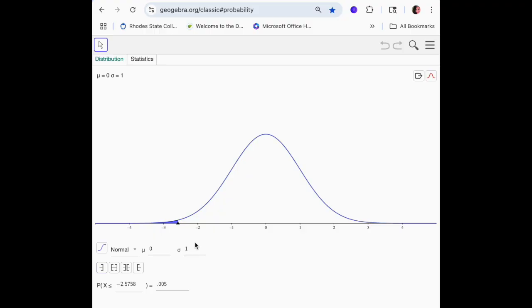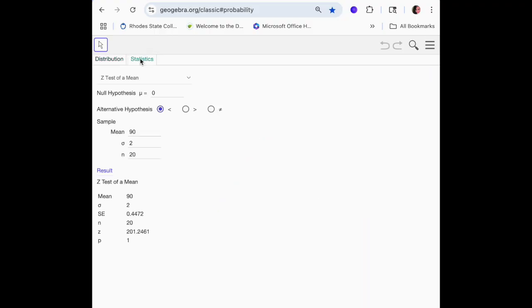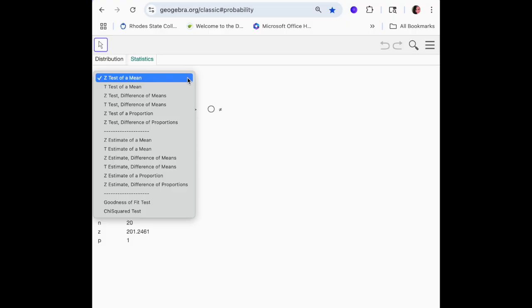So when you're in GeoGebra and you're looking at your probability calculator, up at the top you'll see distribution and you'll see another tab called statistics. You want to click on that statistics tab. And the very first thing at the top, you're going to see a drop-down menu to choose from. Now, we are doing confidence intervals, which means we are estimating a mean or a proportion.